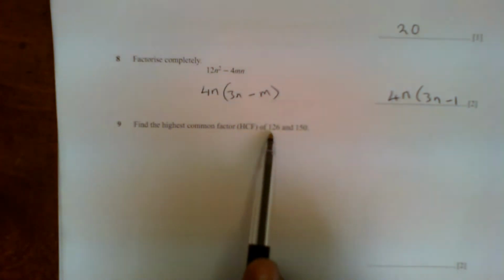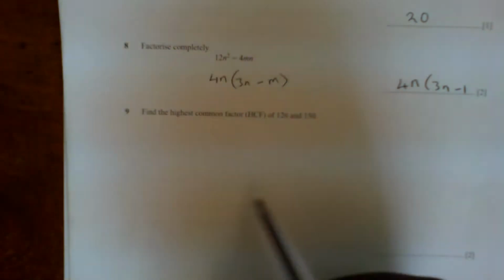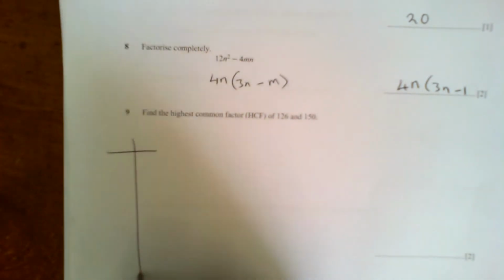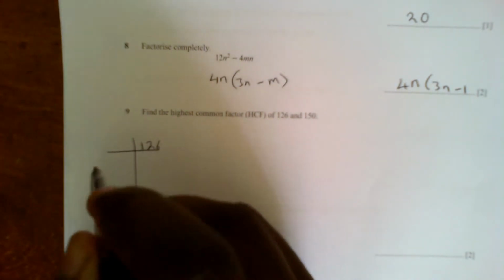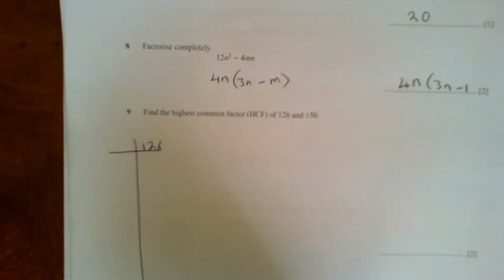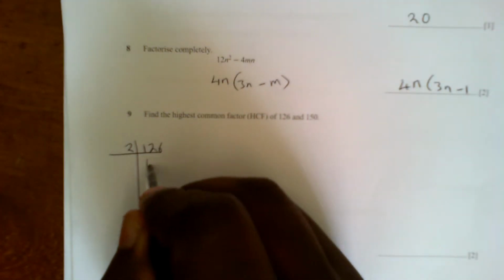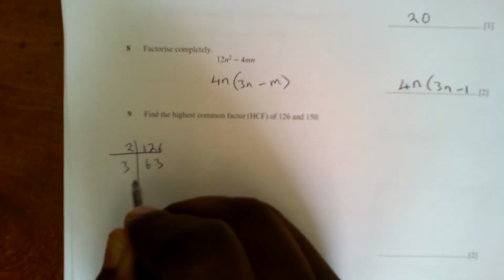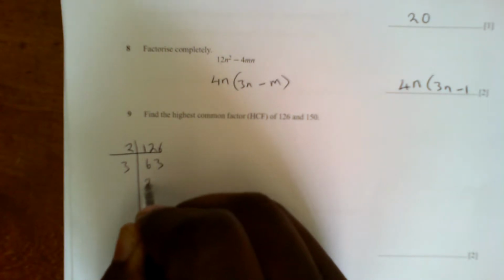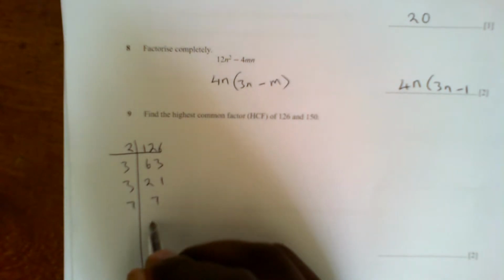Okay. And then here it says find the highest common factor of 126 and 150. For this one we use ladder diagrams. We'll put our 126 here, then divide by the lowest prime factor. We start by dividing by 2. 126 divided by 2 is 63, and then we divide by 3. 63 divided by 3 is 21, then 3 again gives 7, and then 7 gives 1.